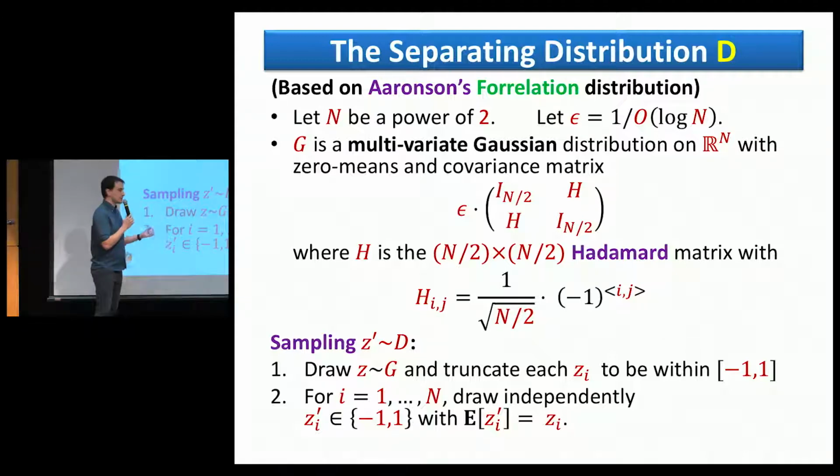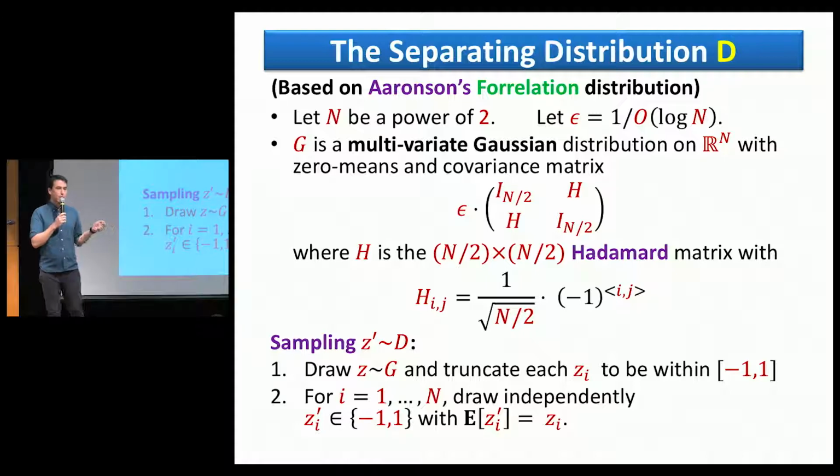So I can think of these zi's as biases of coins, and I will flip coins with these biases. If zi was 0, I'm really flipping a random coin. If zi was 0.99, then I'm picking 1 with very high probability. So this is a continuous way to transform a real number into a discrete distribution.